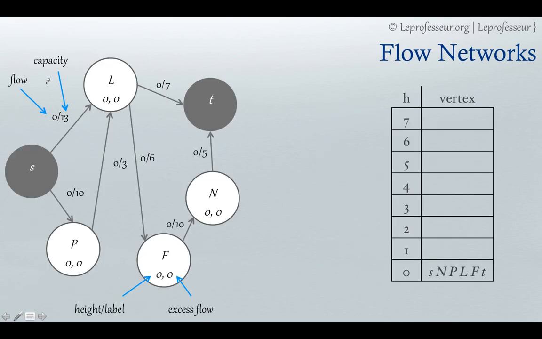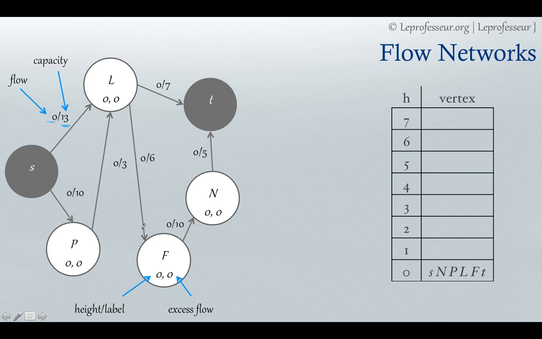For convention purposes, the number before the slash on each edge label represents the flow value, that is how much flow you are sending from one node to another node, and the number after the slash represents the capacity, meaning how much maximum flow you can transfer from one node to another node.